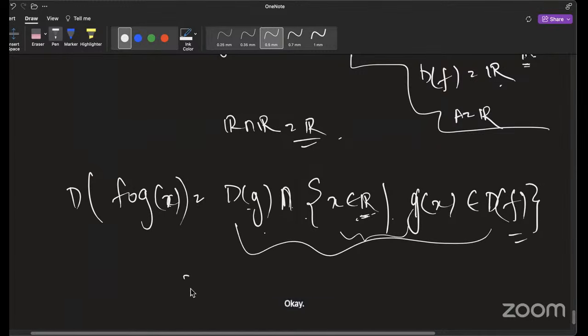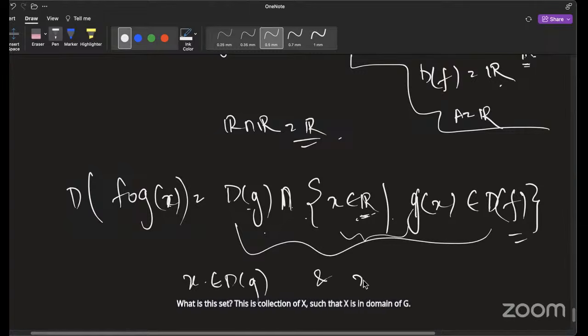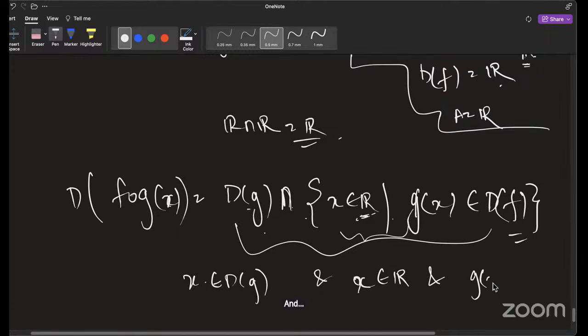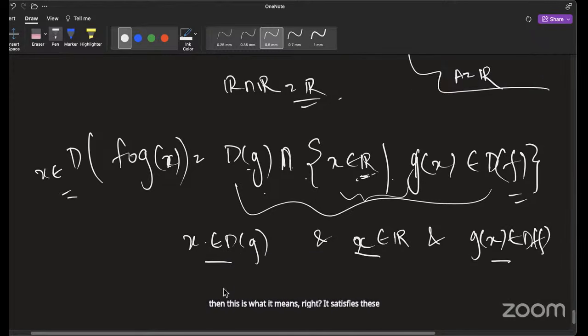This is the collection of x such that x is in the domain of G, and x is a real number, and g(x) is in the domain of F, right? So if x belongs to this set, then it satisfies these three conditions.